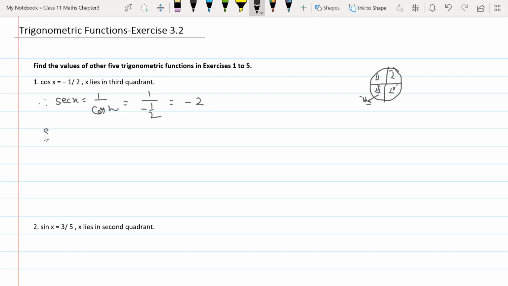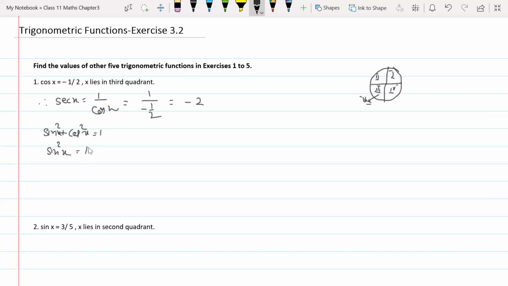Now we have an identity. Let's calculate the sine.